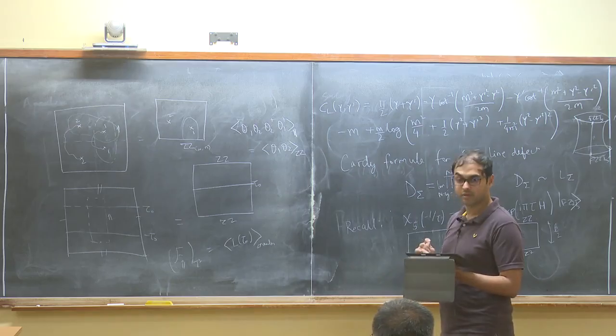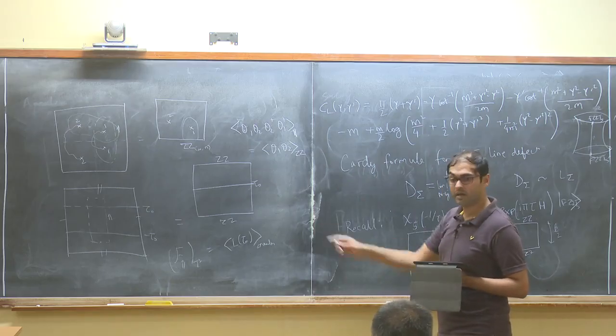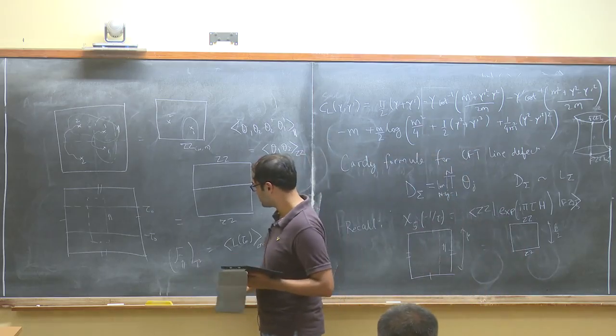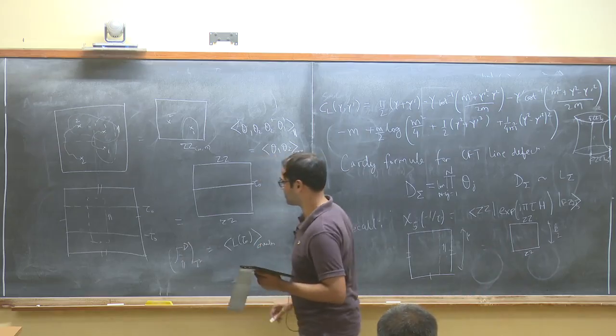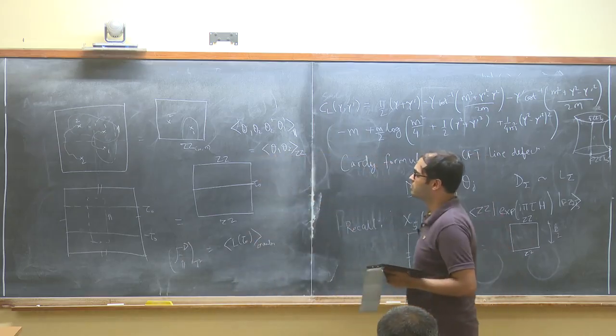Okay. Torus 1-point identity block with the line defects, right? Yeah, with the line defects. Yes, correct. Sorry, I should call it the defect identity block, because it is in the presence of line defects.